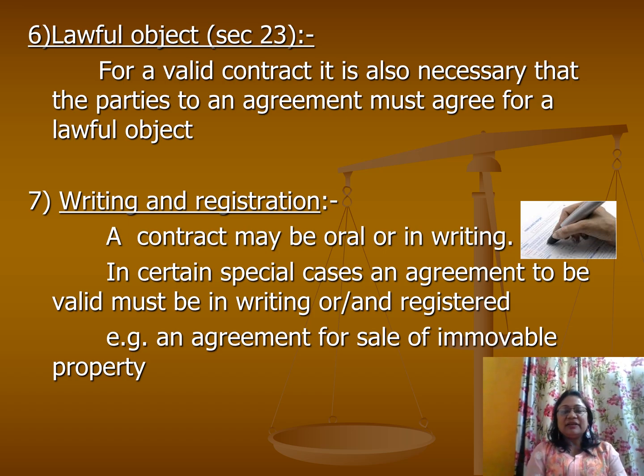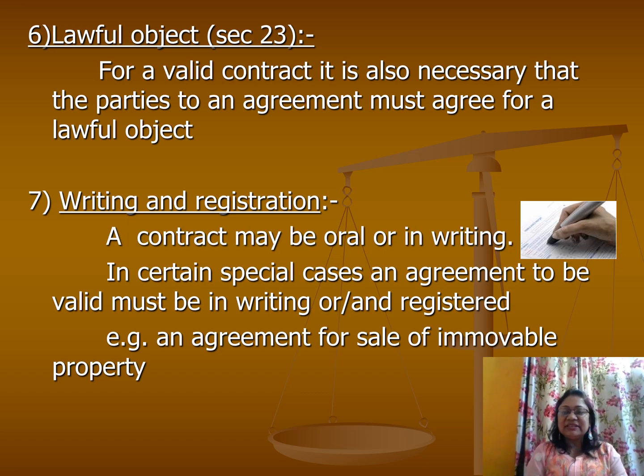The seventh essential condition says writing and registration. However, a contract may be oral and it is absolutely valid. However, it might be difficult to prove the same in a court of law, that is the terms and conditions, if they are not written. It is not mandatory that every contract must be in writing.